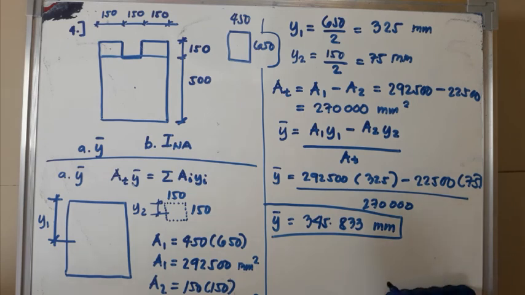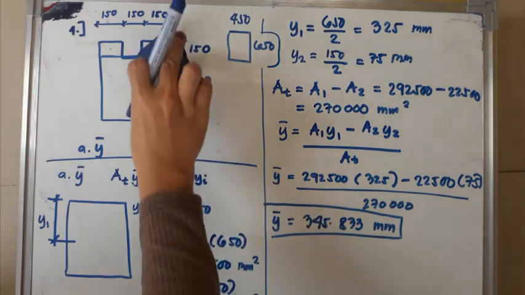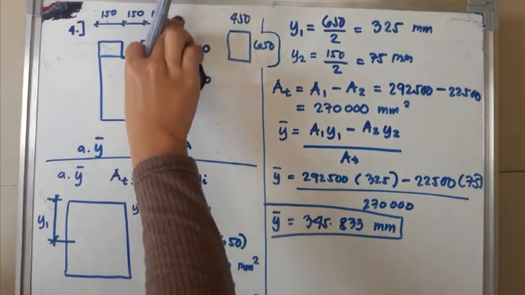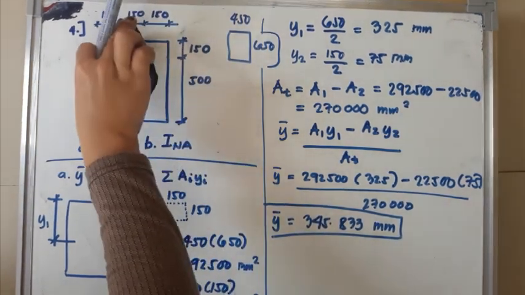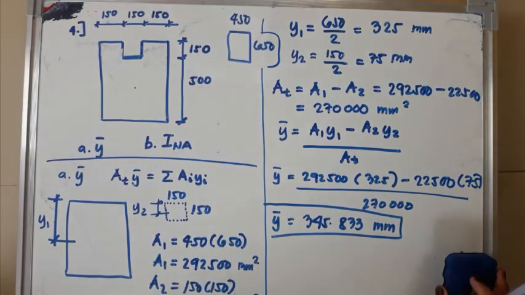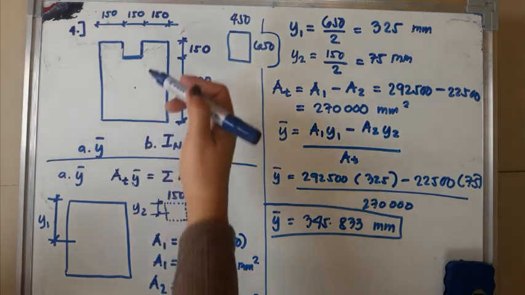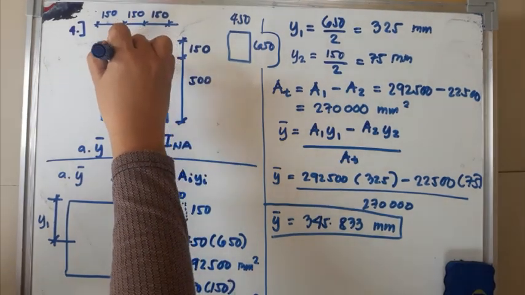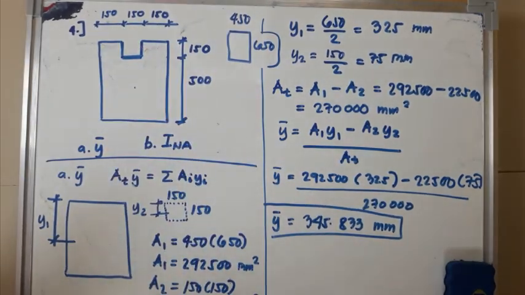But if you use this process, the solution will be shorter and much easier. So we have already solved for bar y. Try to solve this using the longer solution. It's up to you, what will you use? Whether you will be comfortable with the shorter solution or the longer solution, as long as you have the correct answer and the correct process.